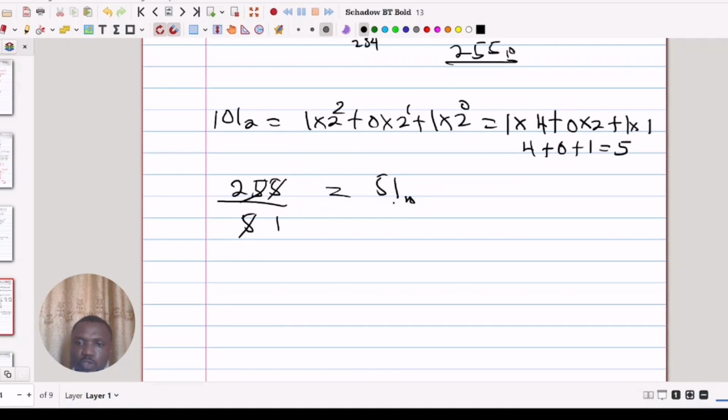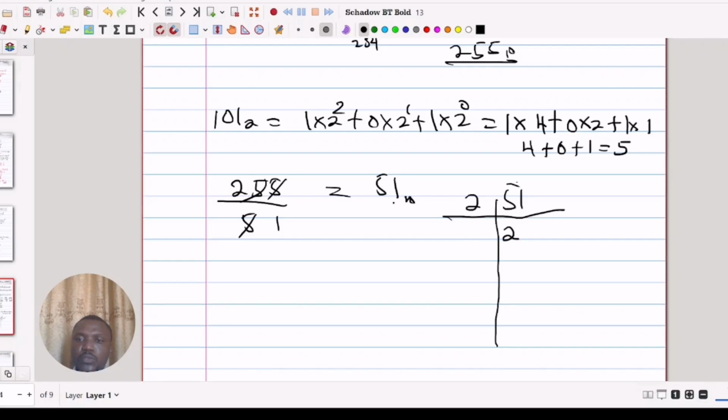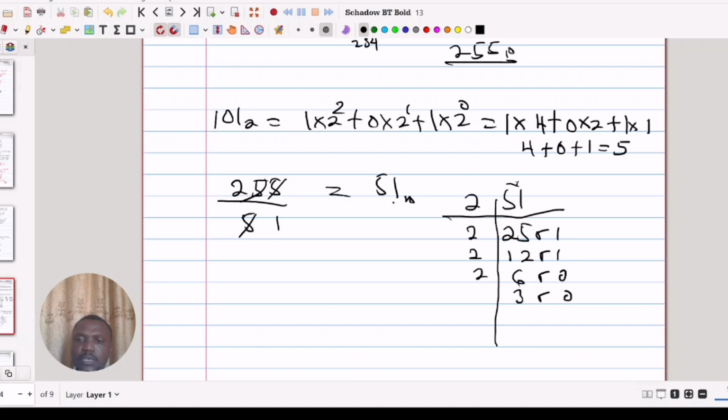So what do you do? Draw your line, write your 51, and you divide it by 2. 2 in 5, that will be 2 remainder 1. 2 in 25, 2 remainder 1, right? 2 in 12, that will be 6 remainder 0. 2 in 6, that will be 3 remainder 0. 2 in 3, that will be 1 remainder 1. 2 in 1 is 0 remainder 1.